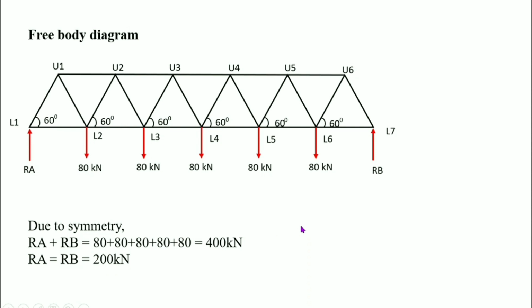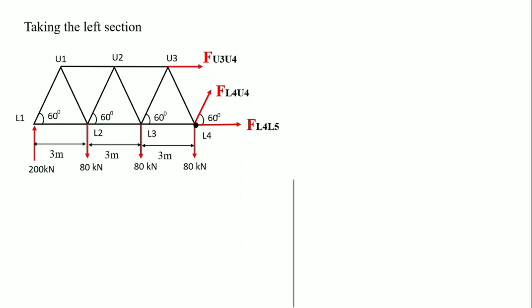We want to find out the member forces in U3U4, U4L4 and L4L5. So, we want to draw the section line cutting through these members like this. Take the right or left section. Let us take the left of the section. Now we want to take the moment about L4 is equal to 0.